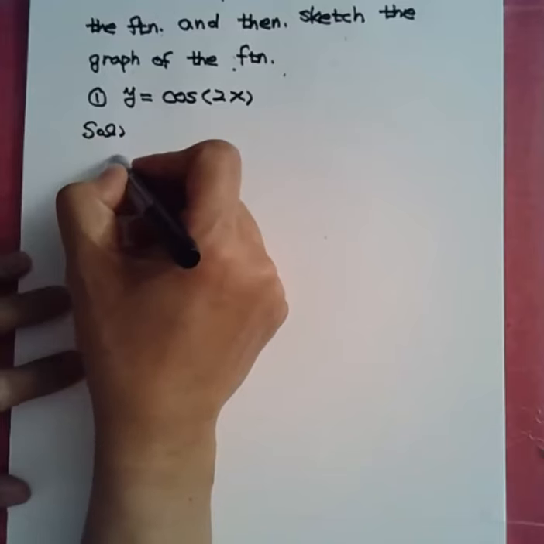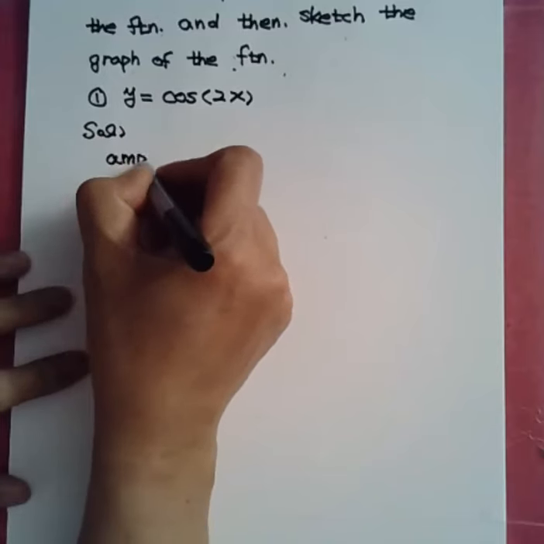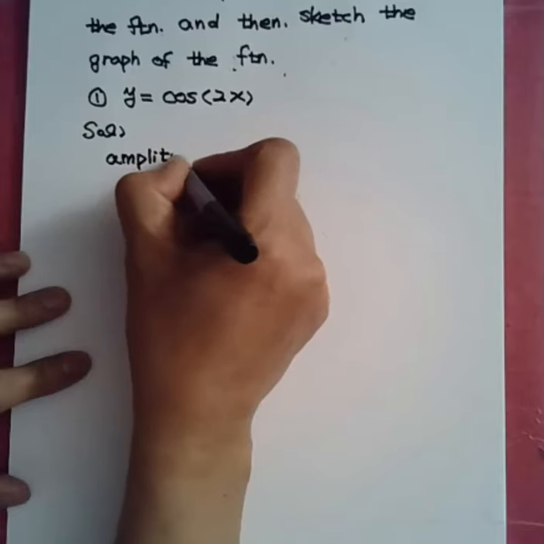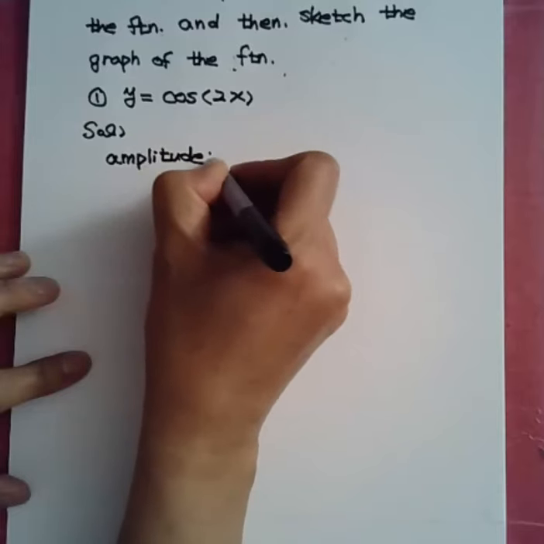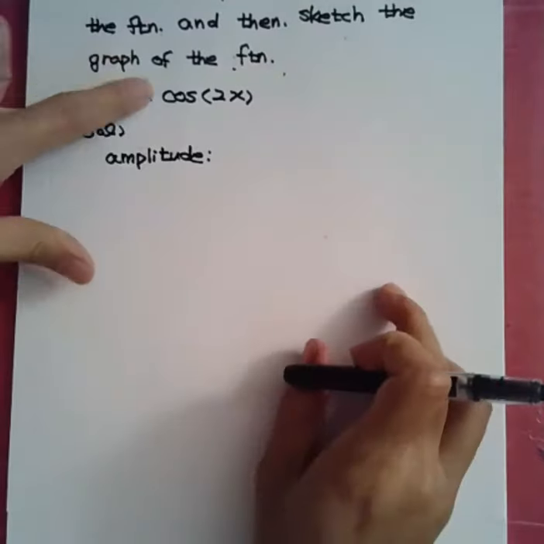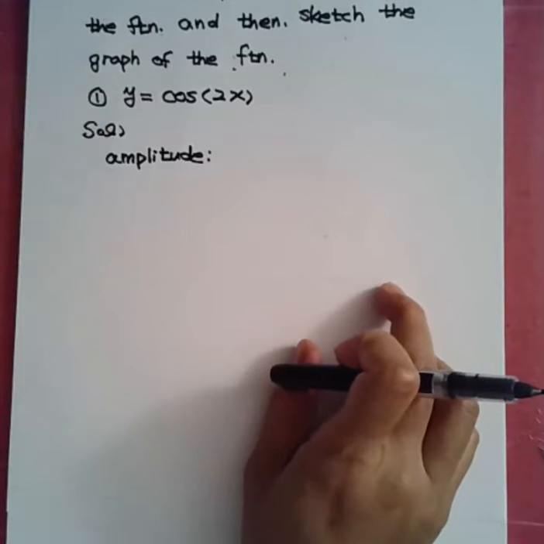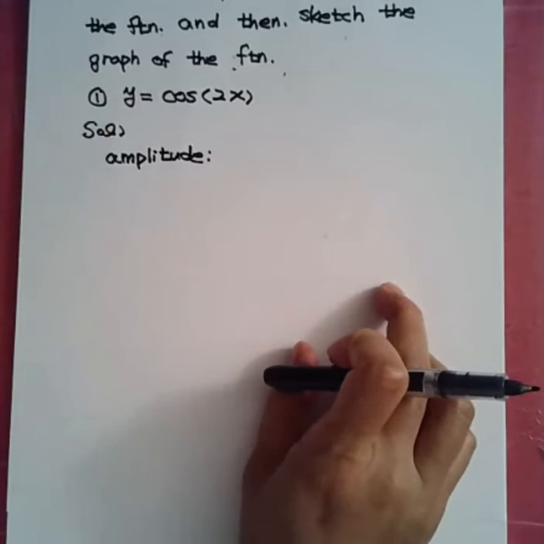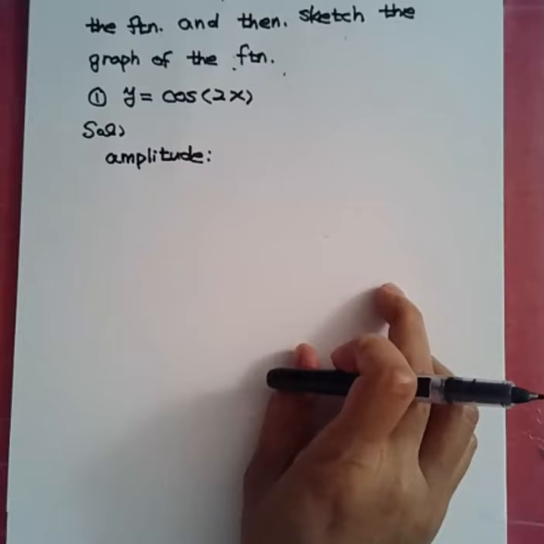Let's consider the amplitude. If you look at the given function, there is nothing multiplied to the cosine. So that means the maximum and minimum will not change.